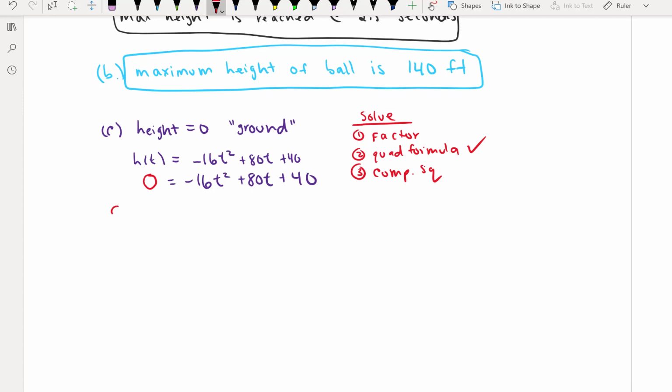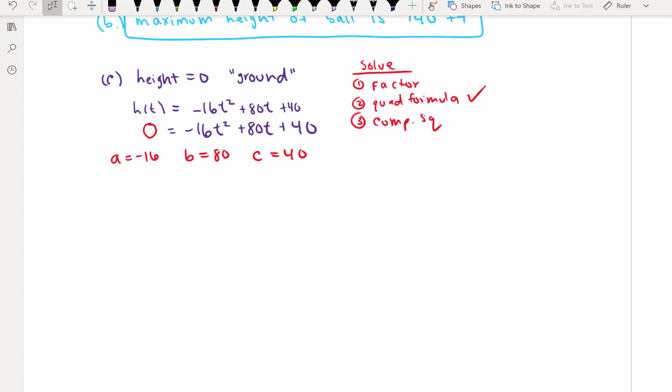I think for this particular example, the quadratic formula is going to be the nicest one. So here I know that A is equal to negative 16, B is equal to 80, and C is equal to 40. And that equation, if you remember correctly, is negative B plus or minus the square root of B squared minus 4AC all over 2A.